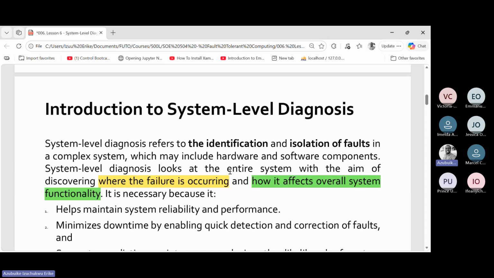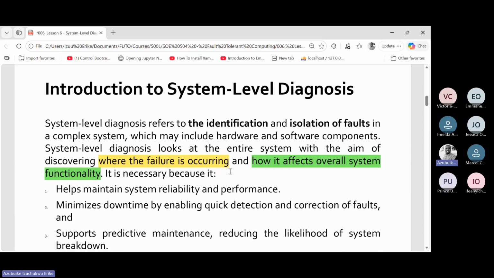System level diagnosis refers to the process of identification and isolation of faults in a complex system. The process of identifying that there is a fault and then bringing that fault aside, that's isolation of that fault.